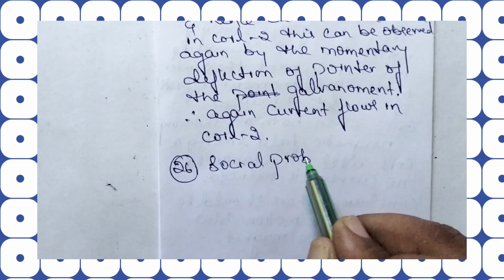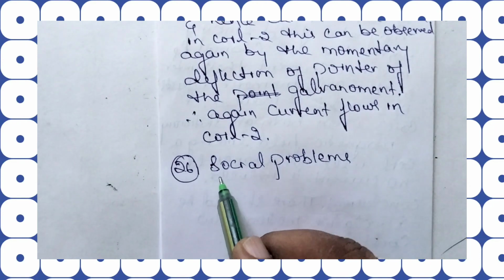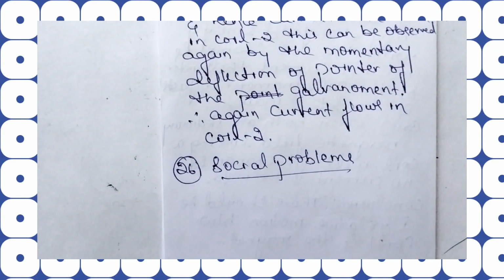One is called social problem, second is called economical problem, and the third is called environmental problem. Now let us briefly explain all the 3 types of problems. Since we have to face all these 3 types of problems, the environmentalists opposed the construction of large dams.